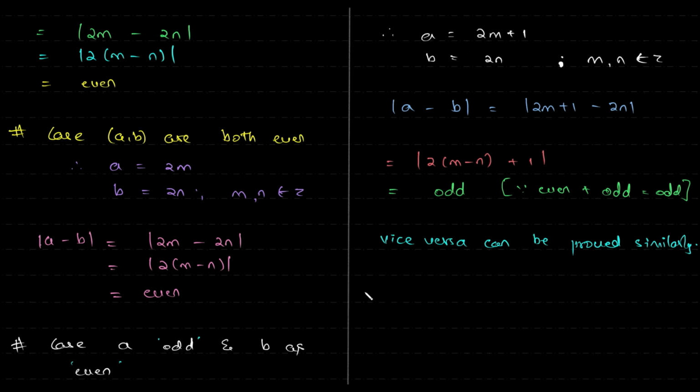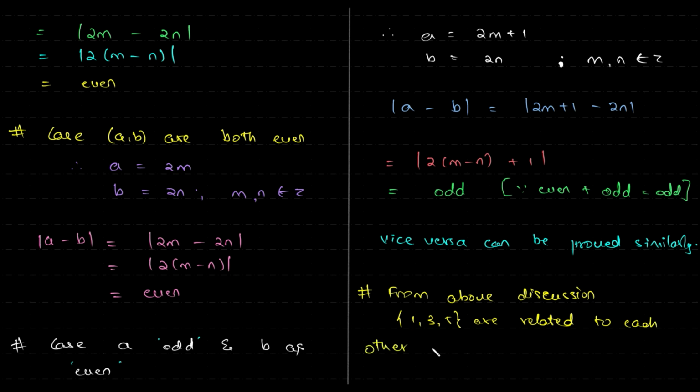So overall, from the above discussion, what can we conclude? From above discussions, 1, 3, 5 are related to each other and not to 2 and 4, right?